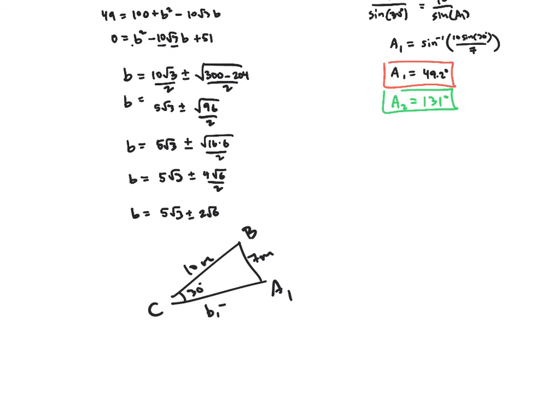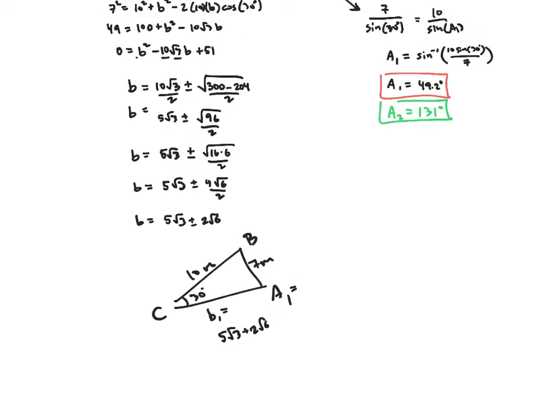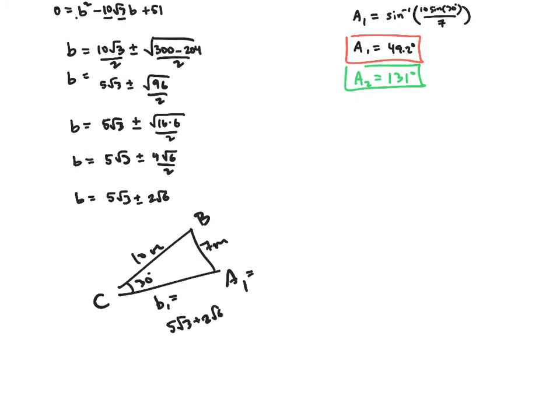B1 would be the larger of the two, so B1 would be 5 root 3 plus 2 root 6, and I had found A1 to equal 49.2. So I've solved that triangle. All angles, actually I haven't quite yet. I've got to find angle B. Angle B is supplementary with 30 and 49.2, which would be 100.8. Actually, I'm going to go 101 to 3 sig figs.